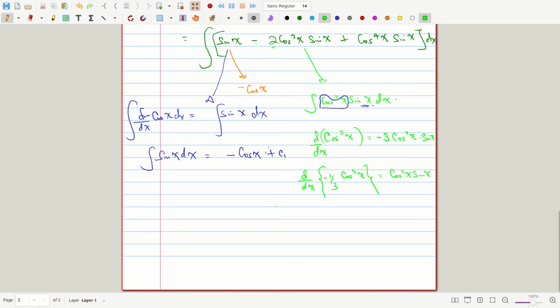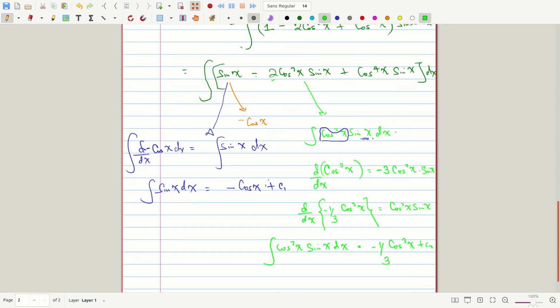So we put the integral and integrate both sides with respect to x. We come up with the result that the integral of cos squared x sine x dx equals minus 1/3 of cos cubed x, plus maybe another constant of integration here.